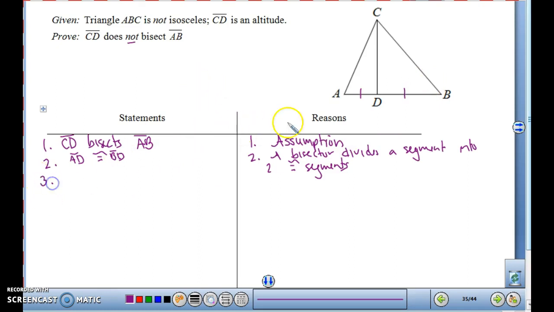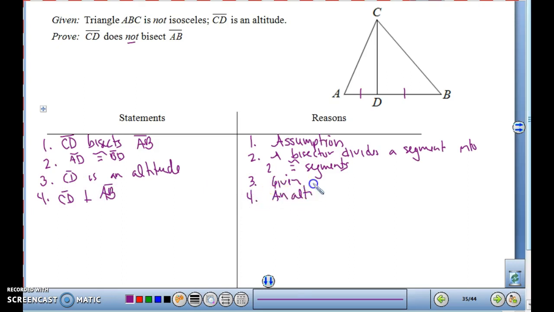So let's go from there. Next, we're going to prove these two triangles congruent. CD is an altitude, and that's given. Altitudes give me perpendicular lines, so CD is perpendicular to AB, because an altitude is drawn from a vertex perpendicular to the base.